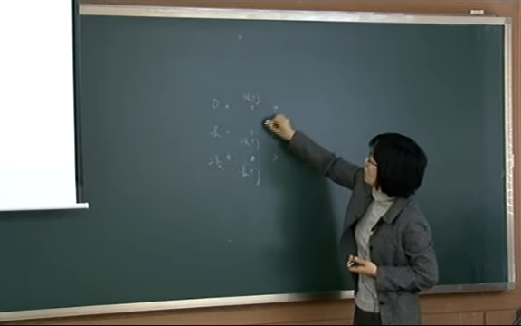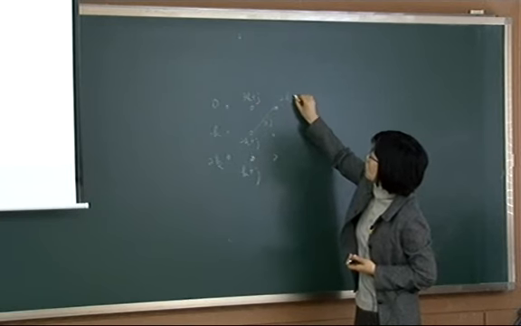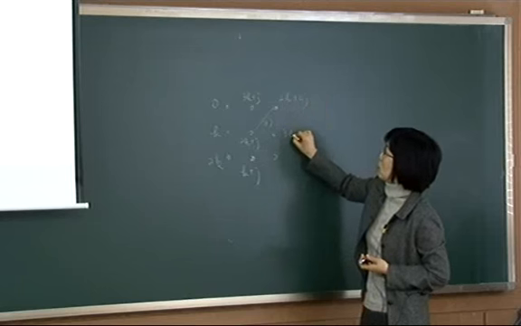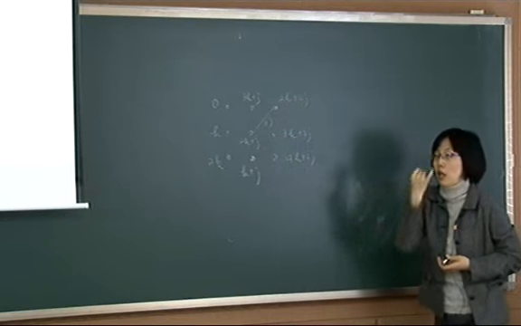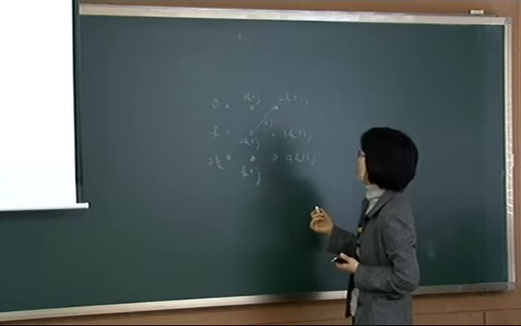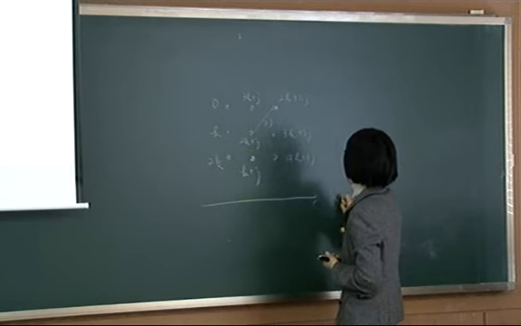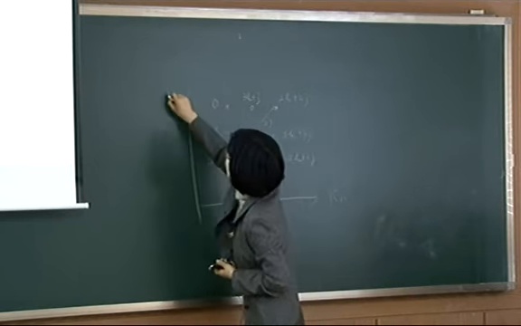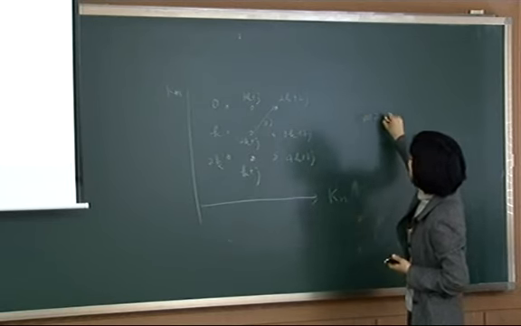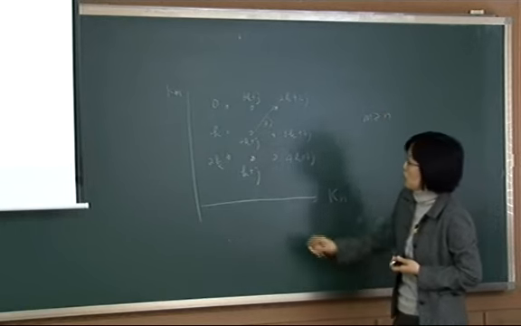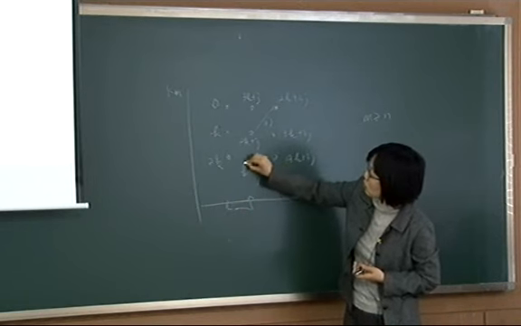Again, this one should differ by at least j, so 2k plus 2j, 3k plus 2j, and 4k plus 2j. Actually I should have changed this one. This one is Km times Kn, and we can say that m is at least n. Then whenever your n increases, you have this much increase.